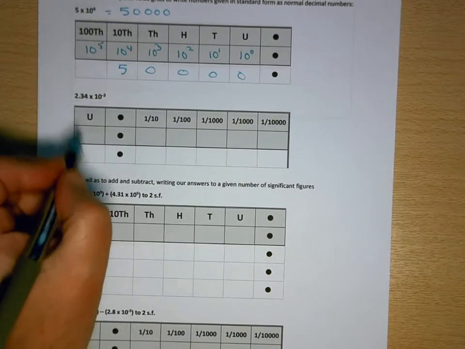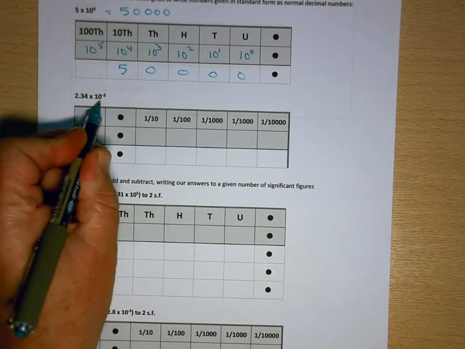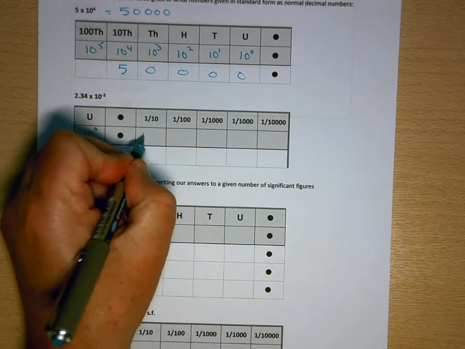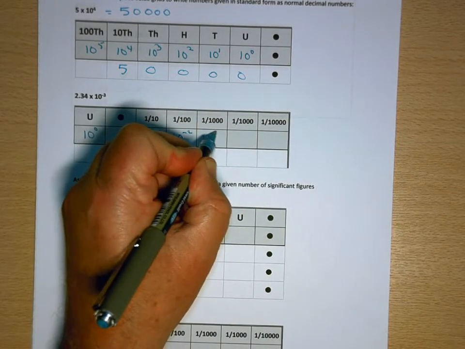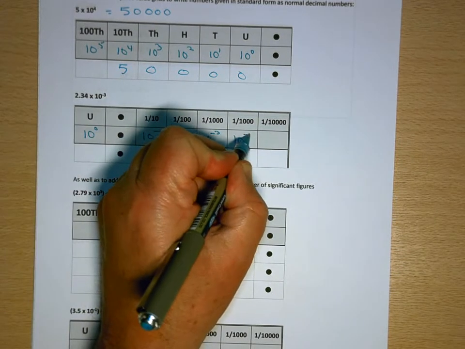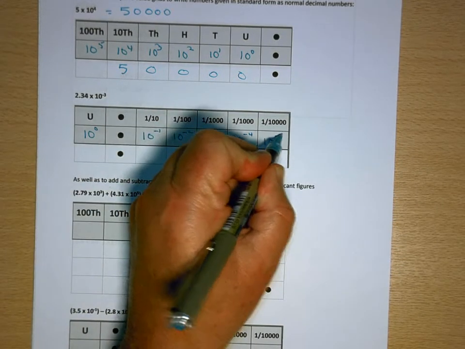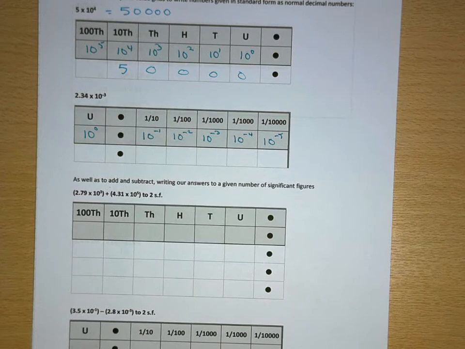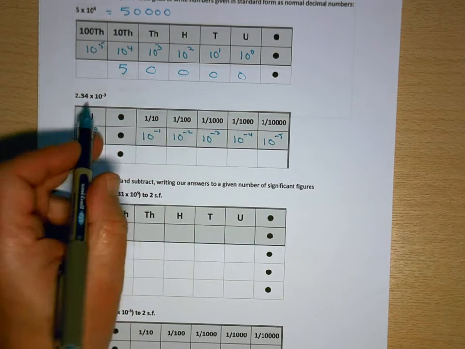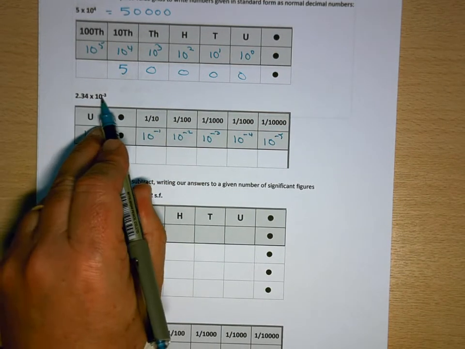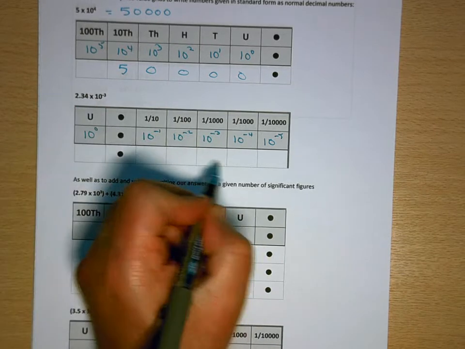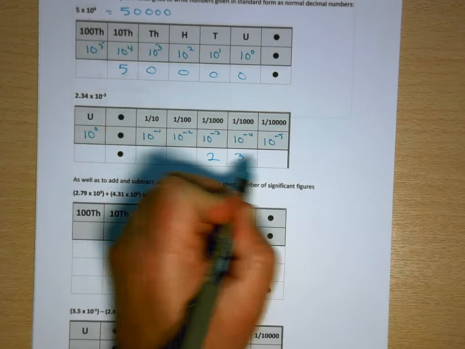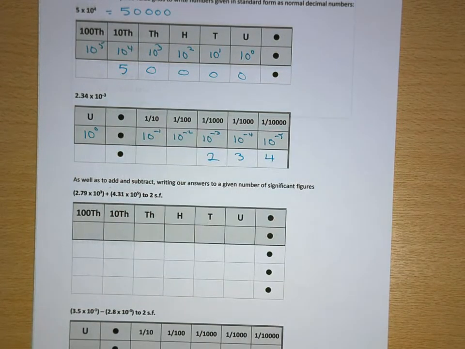Same with this one, except this time we've got a negative power. So minus 1, minus 2, minus 3, minus 4, minus 5. 2.34 times 10 to the negative 3. So the 2 is going in the negative 3 column, and then the rest of it trails off after that.